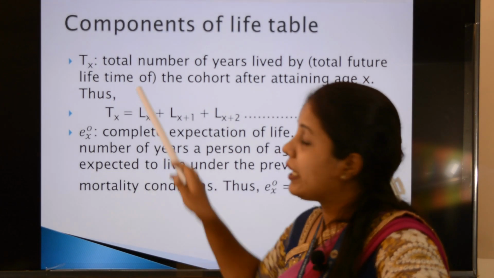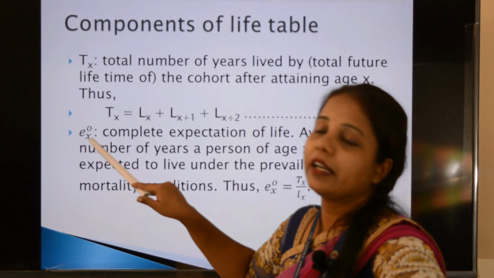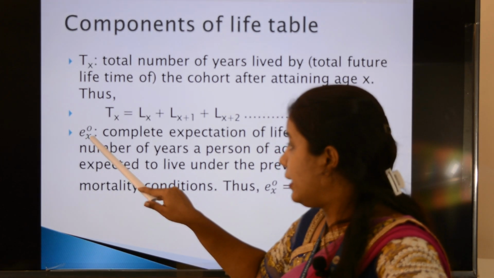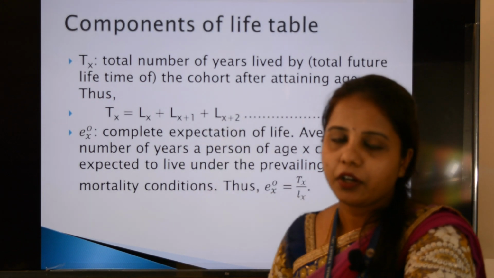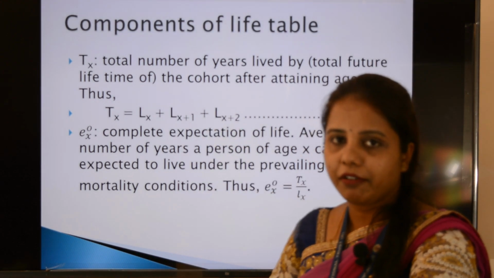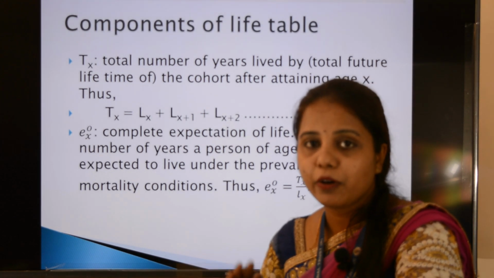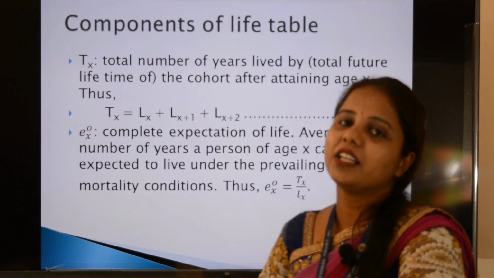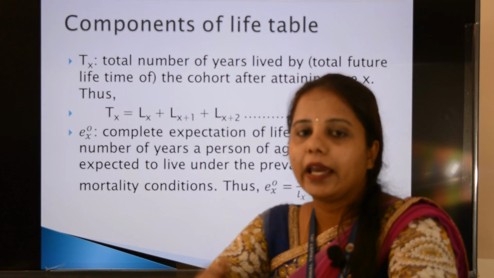And we need this component in order to find the next component, that is expectation of life. What is expectation of life? Expectation of life is the number of years a person is going to live after reaching his age x.